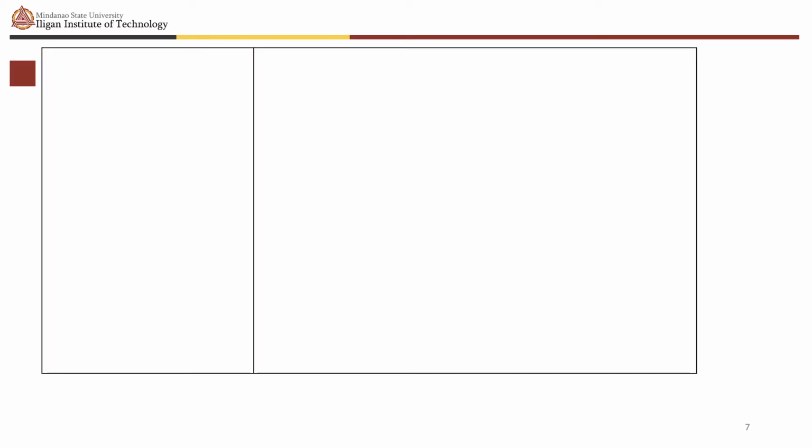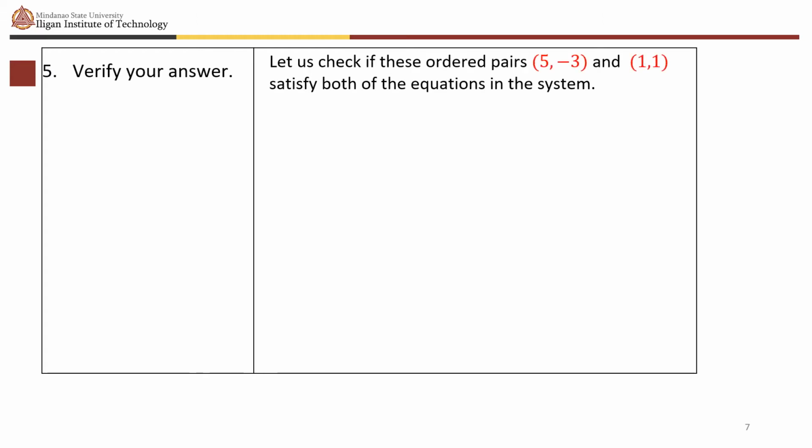Now the last step is to verify your answer. So let us check if these ordered pairs 5, -3, and 1, 1 satisfy both of the equations in this system. When x is equal to 5 and y equal to -3, you can substitute the value x here and the value y here.